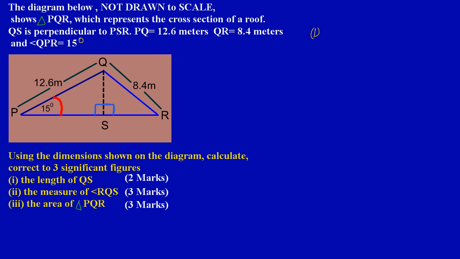Now here they're asking us to find QS. If you notice, QS is the perpendicular height, given the fact that we have established before that PQS is a right angle triangle. Since the angle at P measures 15 degrees, we could use the trigonometrical ratios, or trig ratios, to find this perpendicular height.